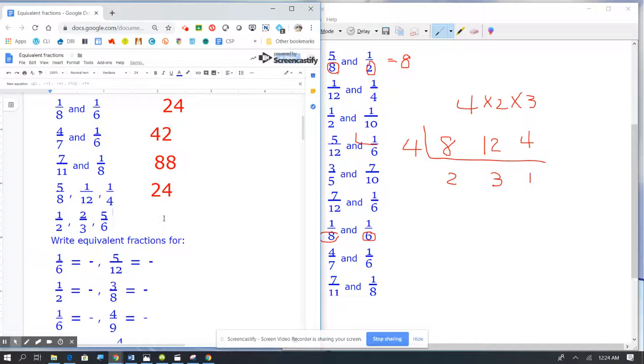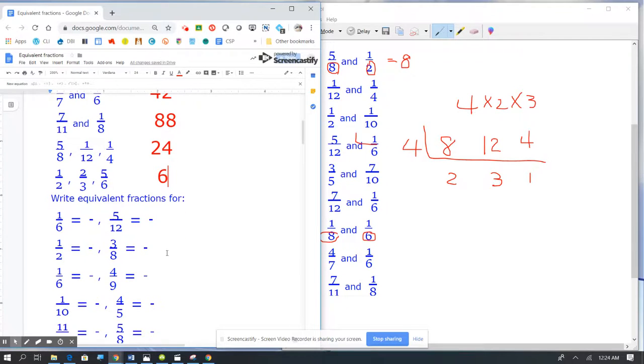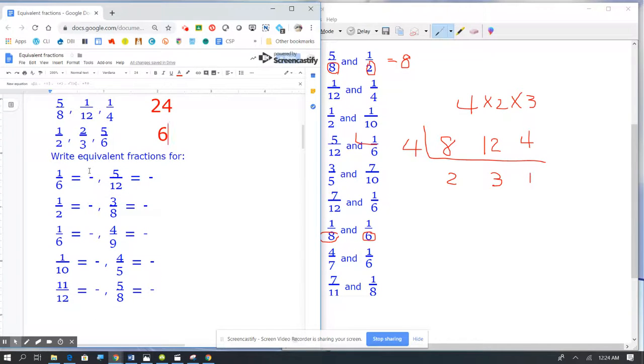Now the next one, 6 can divide by 3 and 2, so the answer will be 6. So now I want to see this one. How would you put it? Since our denominator is 12, we're going to times 2, so it'll be 2 over 12. It should be 12 here.